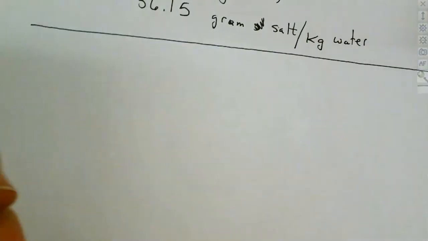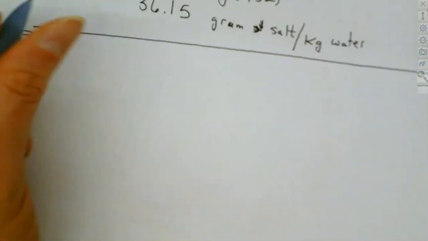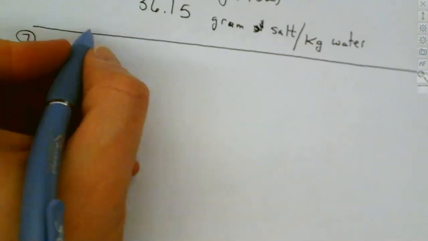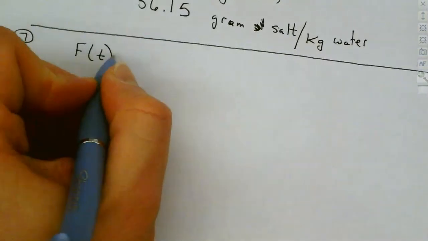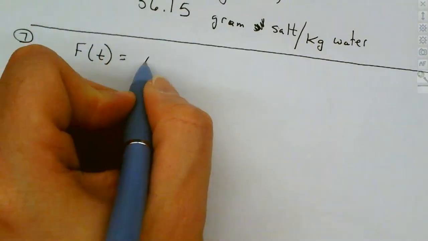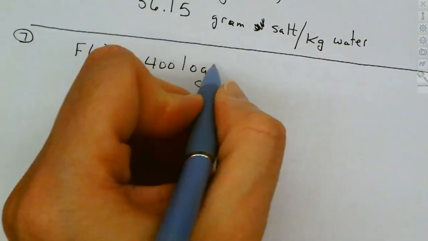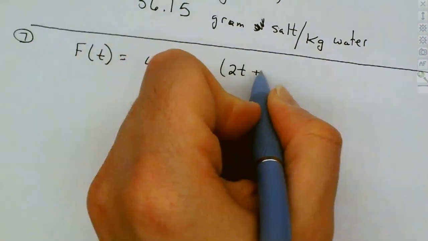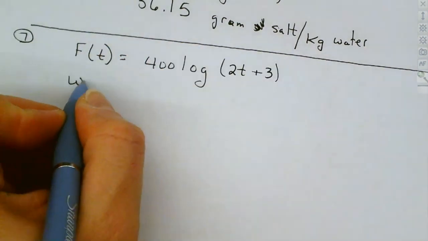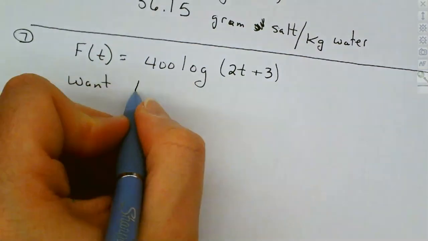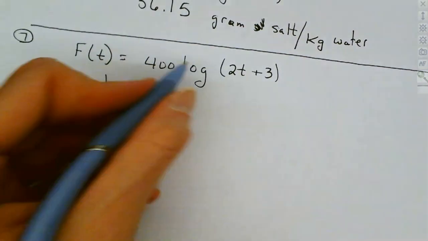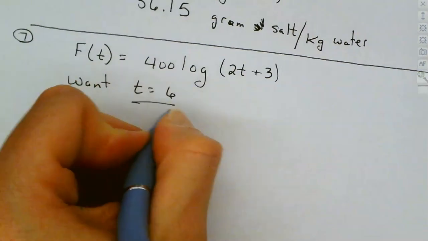And it's just a matter of plugging the values in. So we've got f of t equals 400 log of 2t plus 3. And we want 6 months, so that means t is going to be 6.